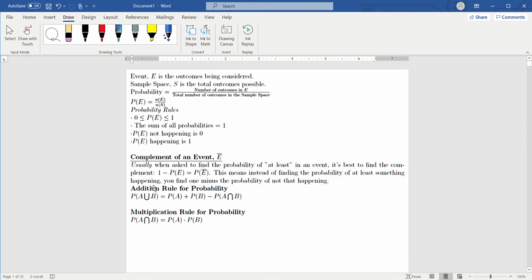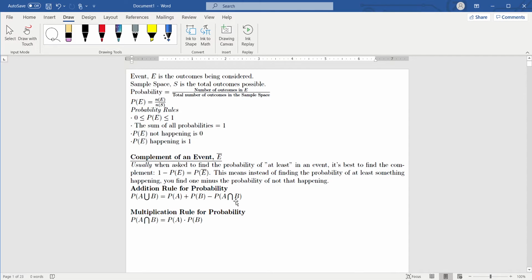Now, a couple other rules you have here is what's called the addition rule of probability. The probability of something or something else, and right there I made an association. When you see this big U, which is called a union, that refers to the word or. So probability of one thing or another thing is equal to probability of the first plus probability of the second minus the probability of the first and the second happening at the exact same moment in time.